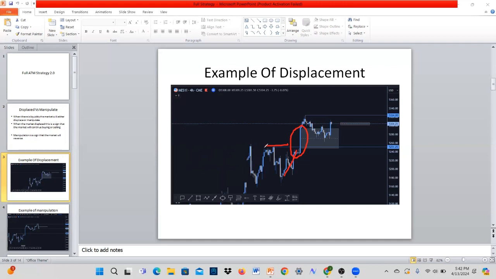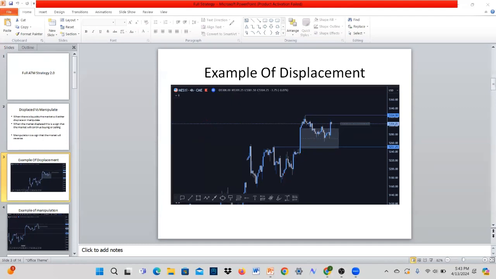Instead, it displaced. So it could do one of two things: manipulate or displace, and you'll see an example of manipulation coming up shortly. Keep in mind, whenever you get displacement at a key liquidity area, you can expect the market to continue in that direction.